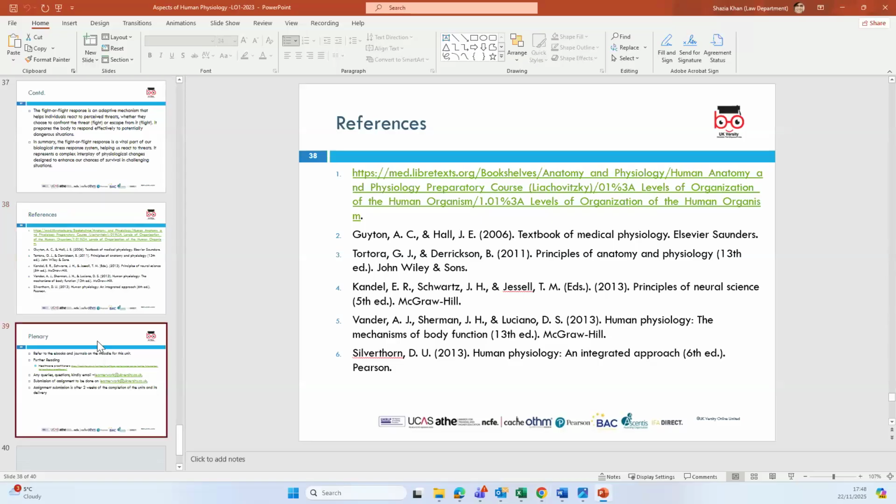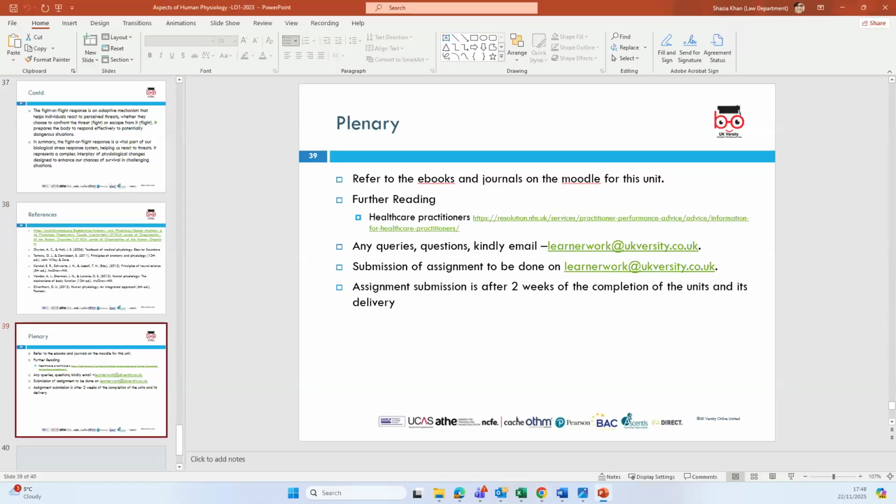Oh, please. No. So you could refer to ebooks and journals on Moodle when looking at elements of this unit. And also there is further reading on there that you could refer to on the slides.